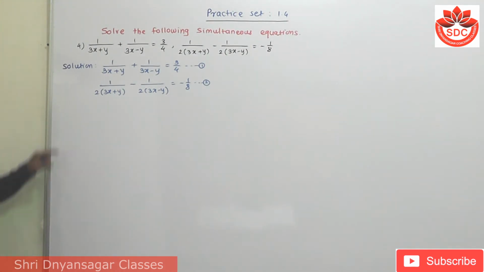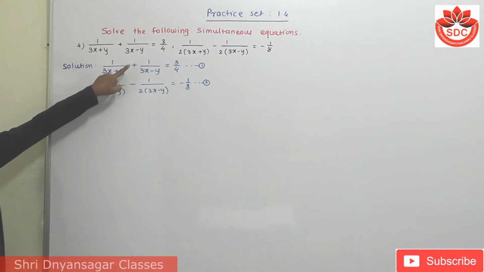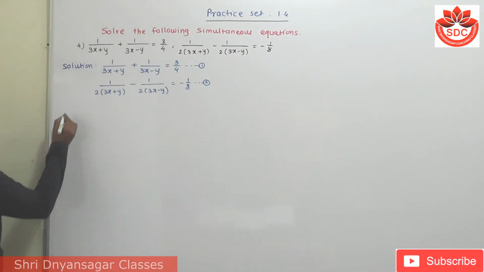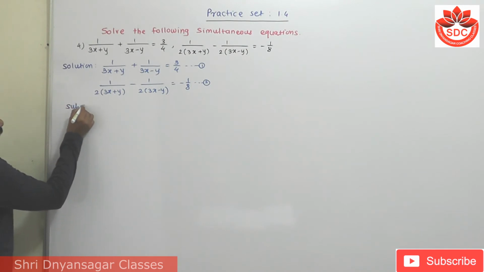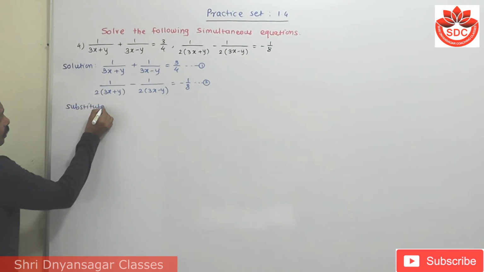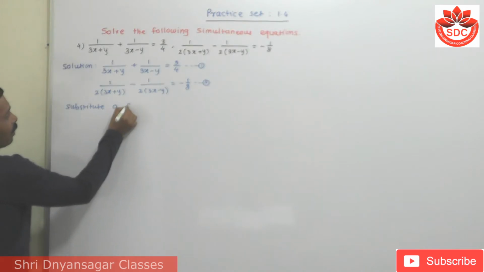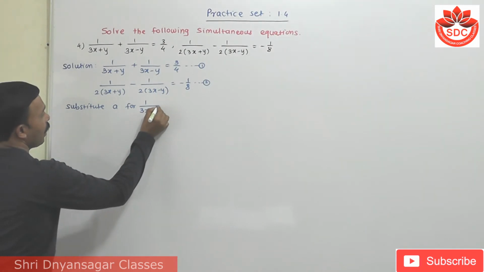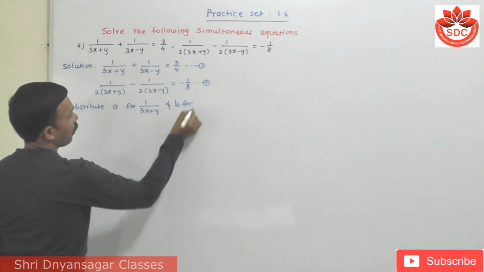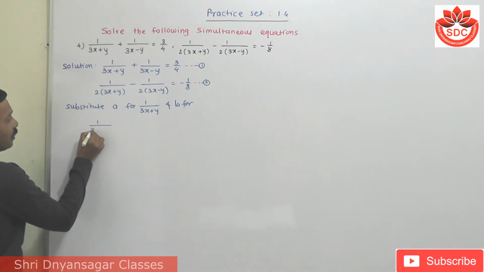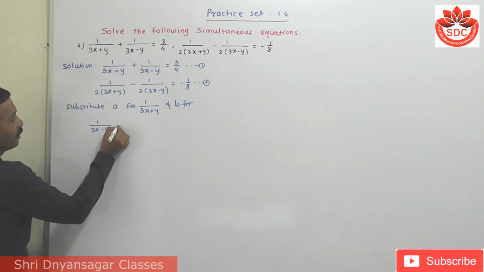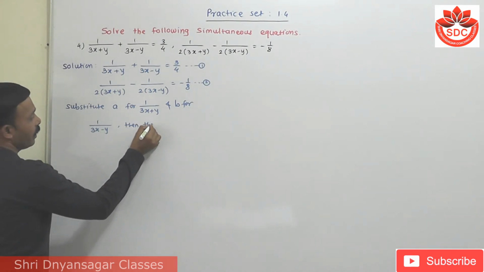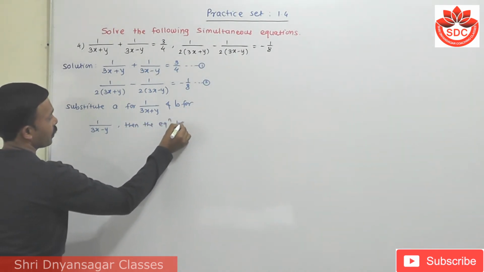Now student, observe here, 1/(3x + y) and 1/(3x - y) are the same in both these two equations. So I have to substitute a for 1/(3x + y) and b for 1/(3x - y). Then the equations become.